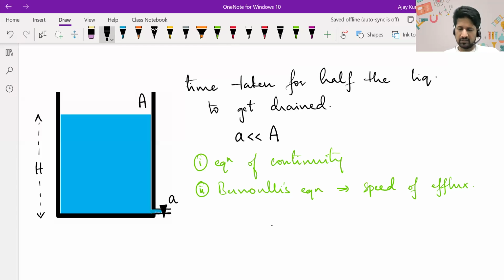Let's think a little further. As we open this stopper and liquid flows out of the tank, one of you tell me, do you think the speed of flow will be constant? Will it be the same at all times or will it change from time to time? The speed of flow of liquid from the tap, will it be constant or variable?